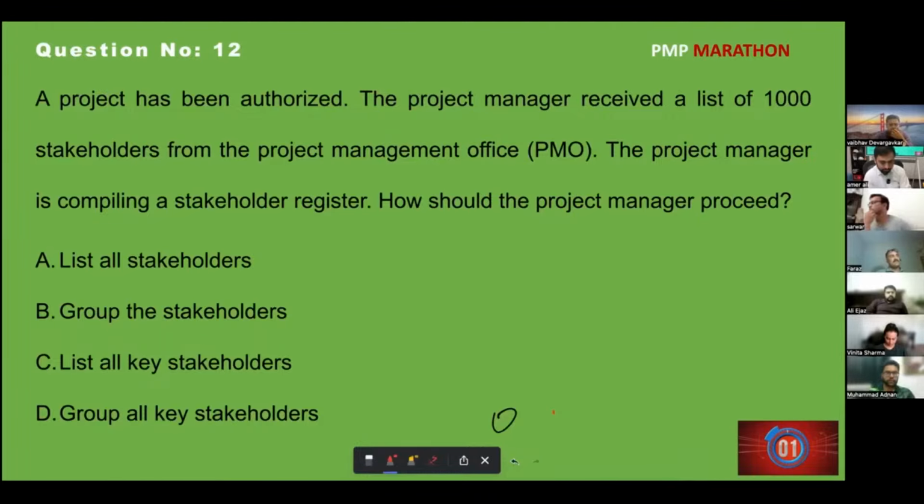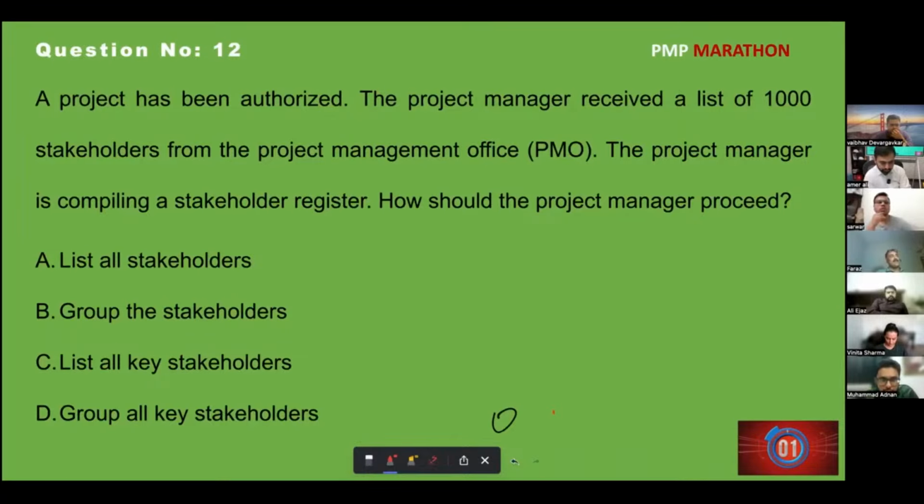I think if we eliminate... list all stakeholders, he has to register all that and group the stakeholders. He also needs to list all key stakeholders. Option A or option C is the same, I think. And group the stakeholders, group all key stakeholders. No, not the same. List all key stakeholders and list all stakeholders.